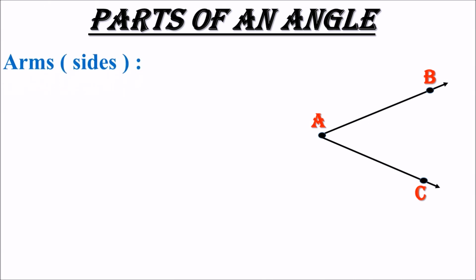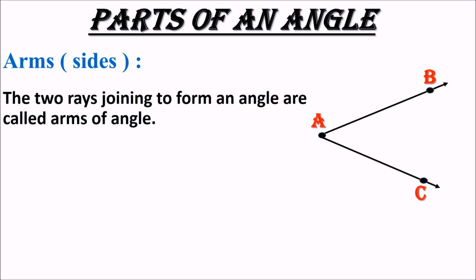Parts of an angle. Here we have angle BAC. The first part is the arms or sides of an angle. The two rays joining to form an angle are called the arms of an angle. Look at this figure.